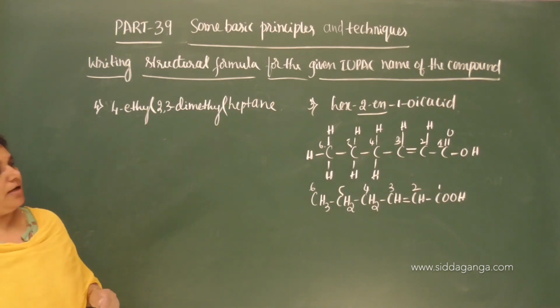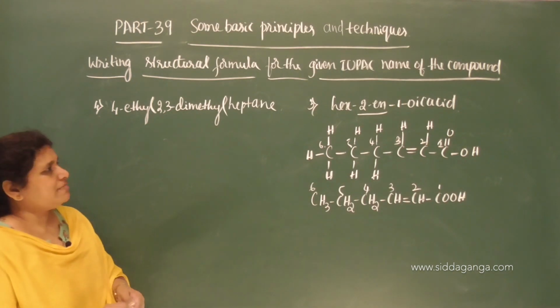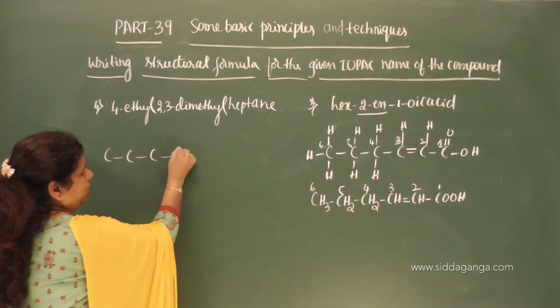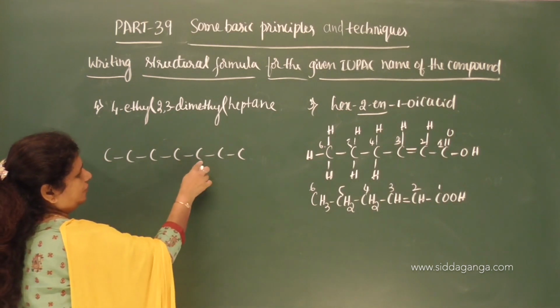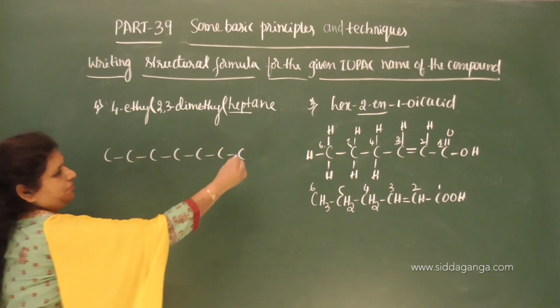So 4-ethyl 2,3 dimethyl heptane. Very simple compound. So 7 carbon atoms we need to write. 1, 2, 3, 4, 5, 6, 7. Hept is there. Correct? Give the number from this end.